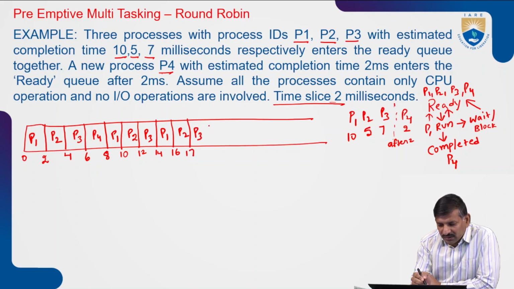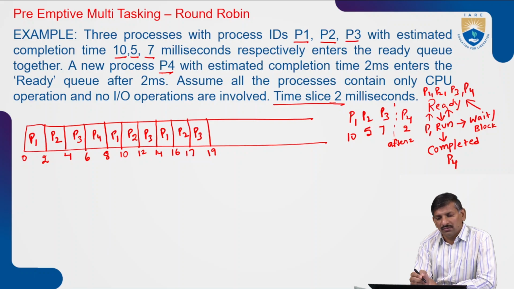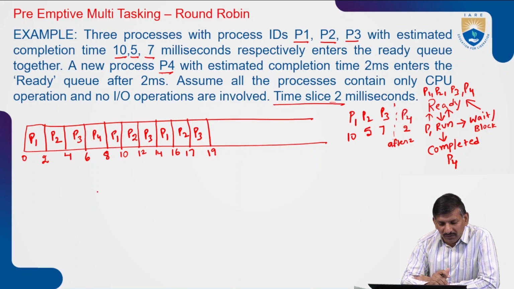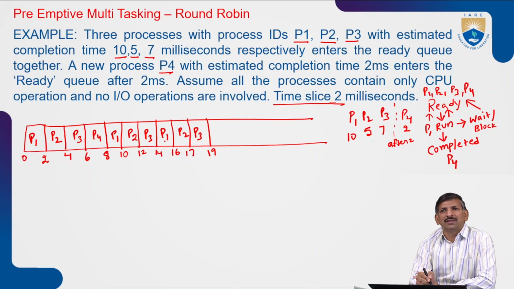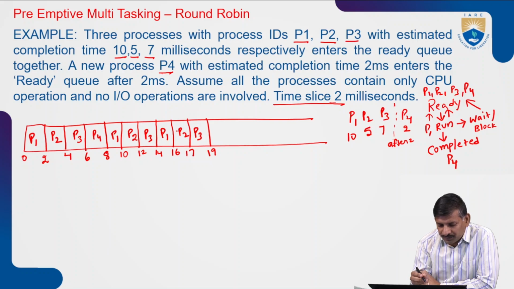Again P3 is scheduled. After P3, again go for P1. How many times has P1 completed? 1, 2, 3: 6 milliseconds of execution completed. The remaining execution time is 4 milliseconds, so that is scheduled.